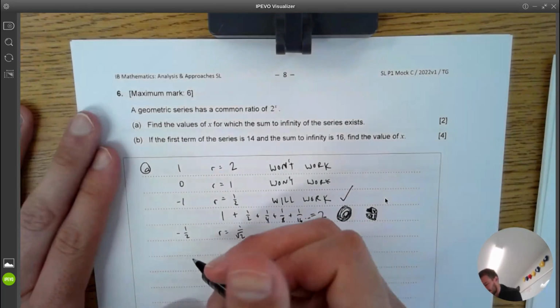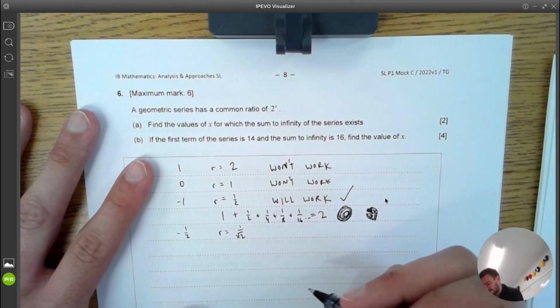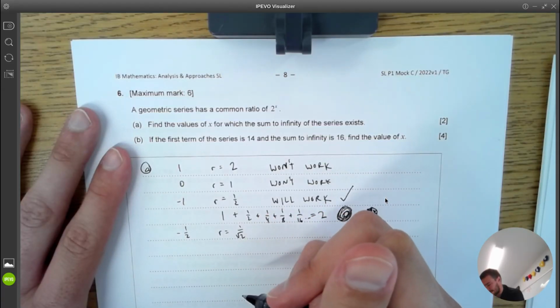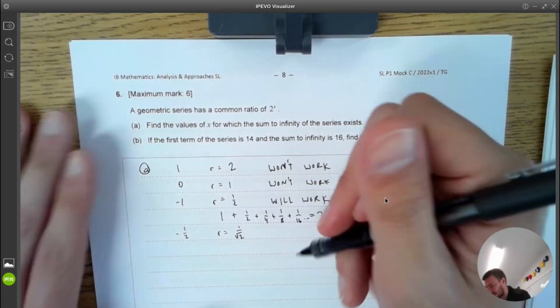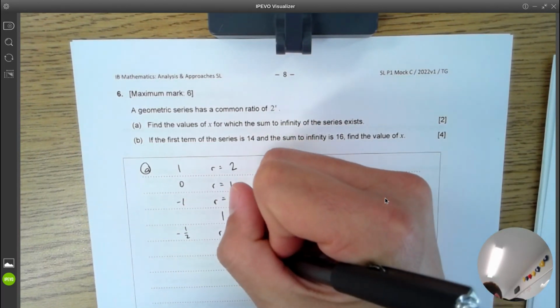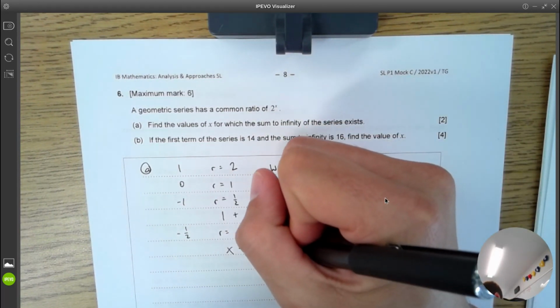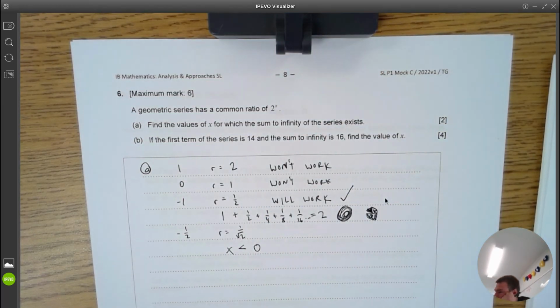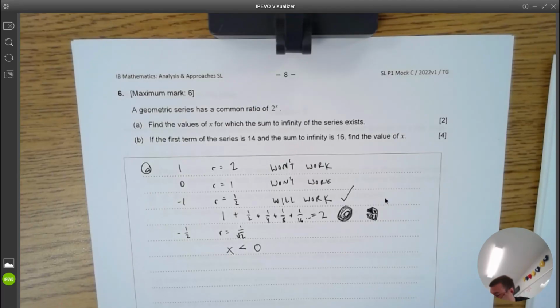So I'm going to say, find the values for x for which the infinite series exists. I know that x needs to be less than 0. I'm trying to think now, what if it's less than 1, right?